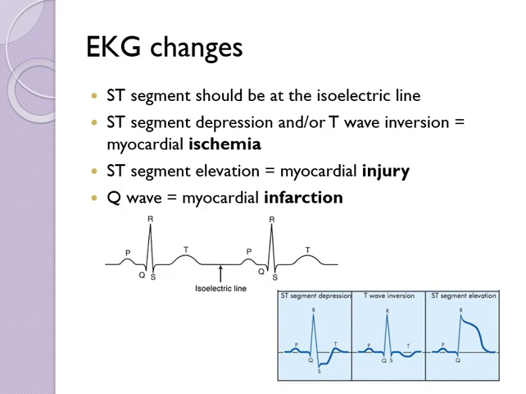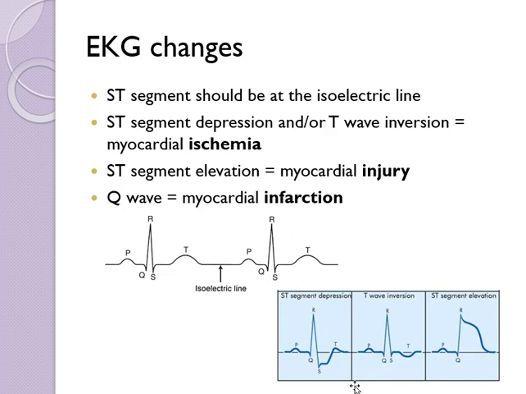All right, so let's look at this EKG that we've been talking about. This is a regular normal EKG. You have a PQRST, PQRST, and this is the isoelectric line. This is where that ST segment should be, at the isoelectric line.